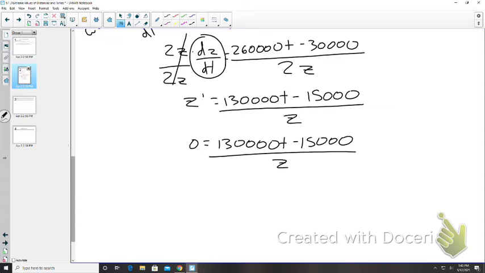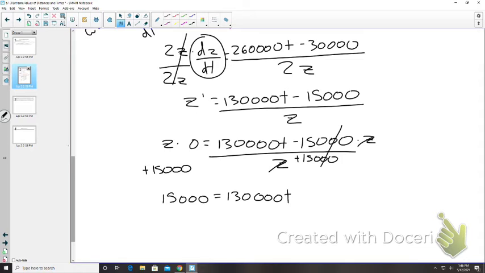Okay, we'll multiply both sides by z. That cancels. That is just 0, right? We will add 15,000 to both sides. That cancels. Now we're left with 15,000 is equal to 130,000 t. Now we'll lastly divide by 130,000.